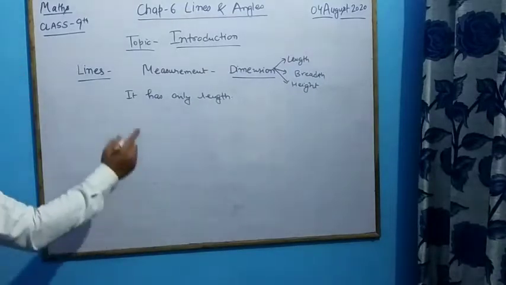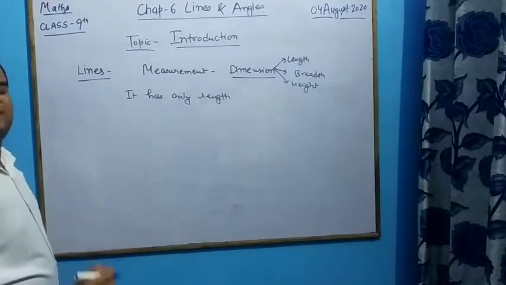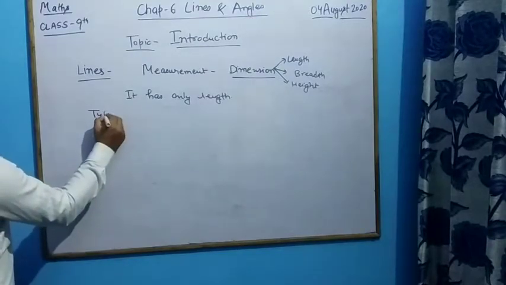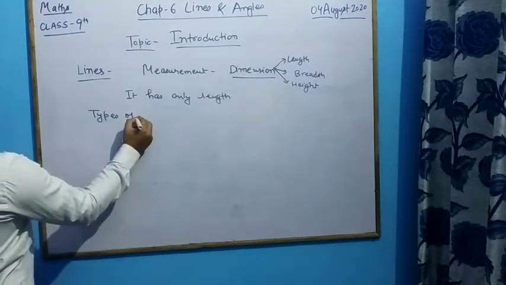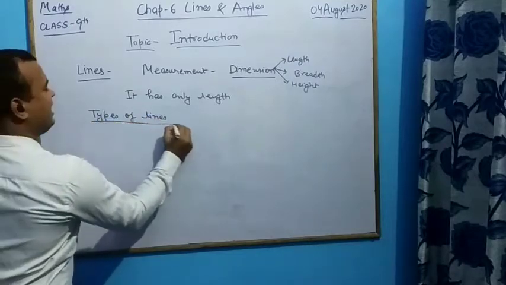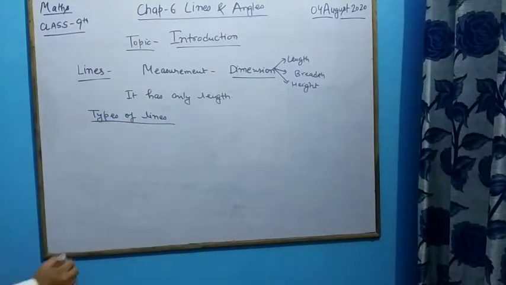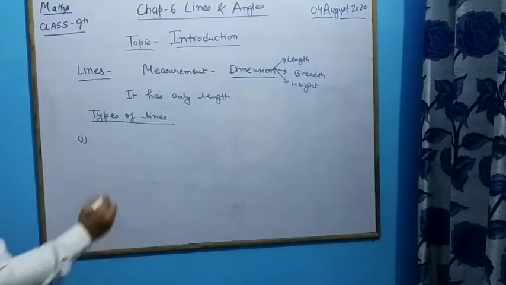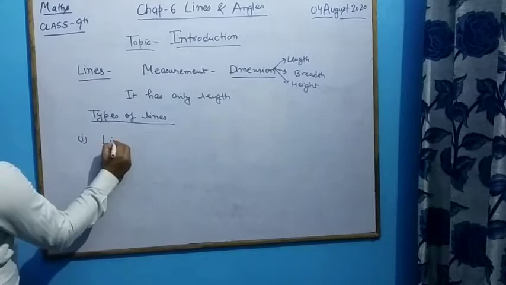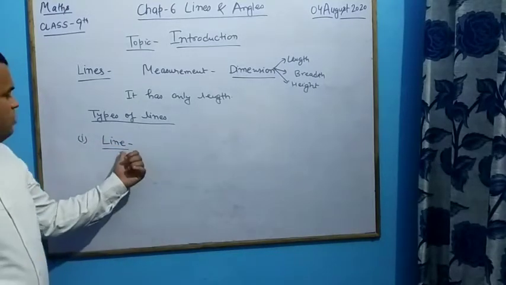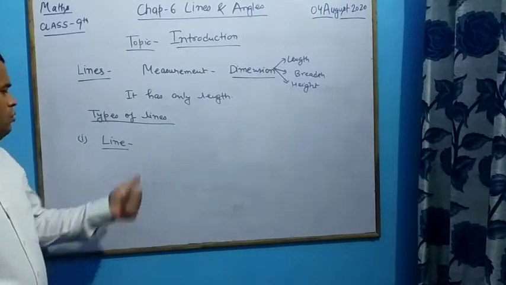Now there are also various types of lines. Let us talk about types of lines. First is the line itself. Let us draw the figure of a line to clear it out.